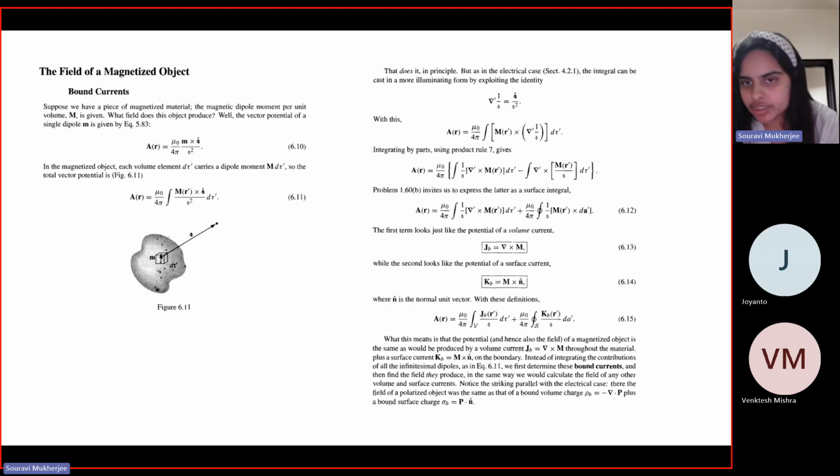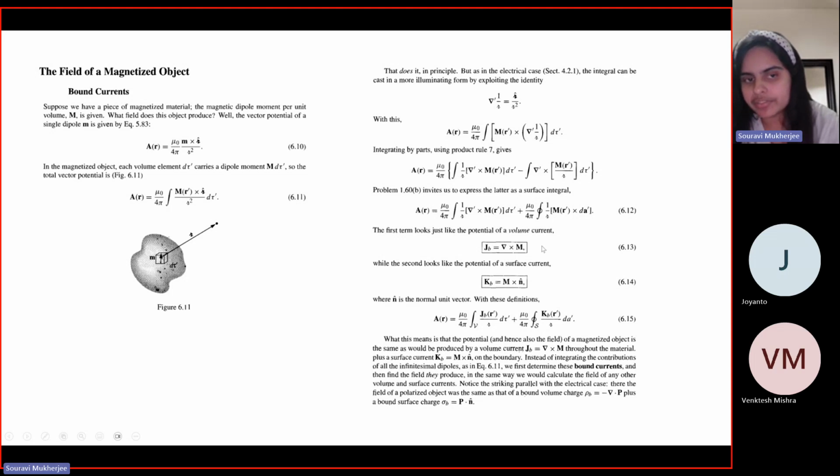It's the magnetization of the material that results in this contribution to the magnetic field. So J_B is curl of M, which comes from this term here. Similarly, you also have a surface current term. So it's the two effects.